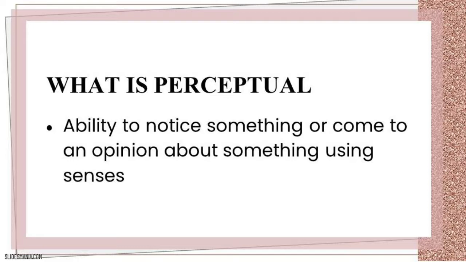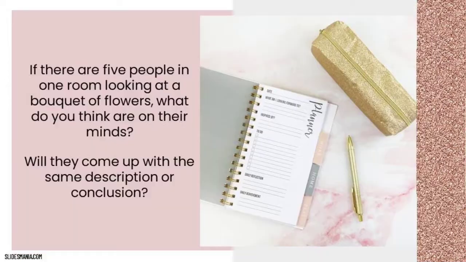Now, perception may vary from one person to another because each person's brain interprets stimuli differently based on their individual learning. It could be their memory, emotions, or expectations. For example, if there are five people in one room looking at a bouquet of flowers, what do you think are on their minds? Will they come up with the same description or conclusion? Well, probably they will derive different answers and explanations.